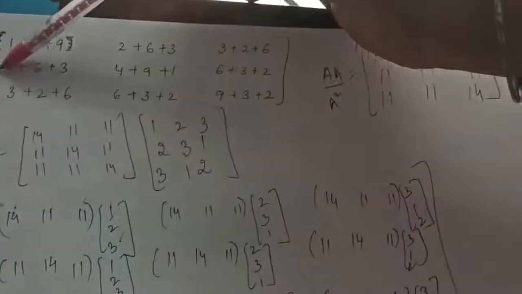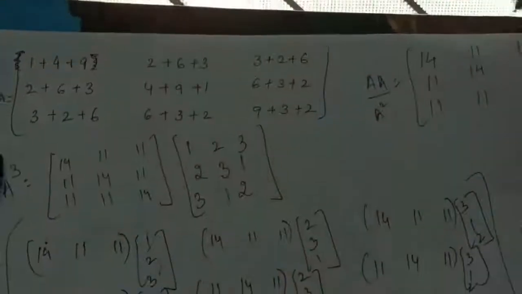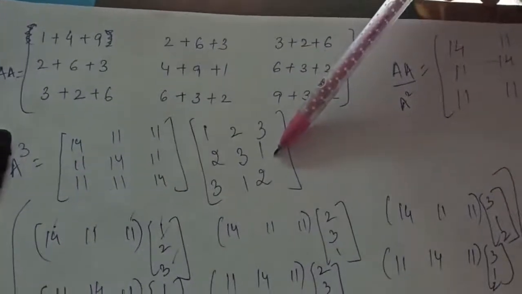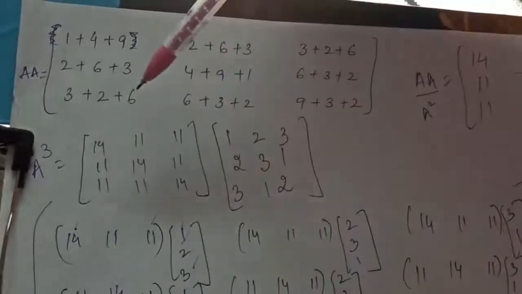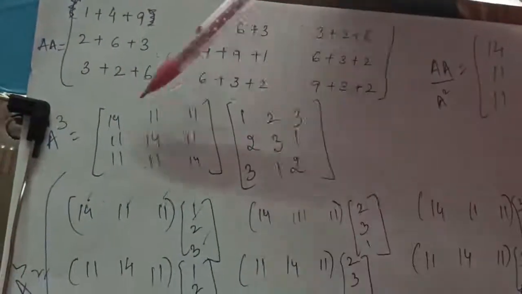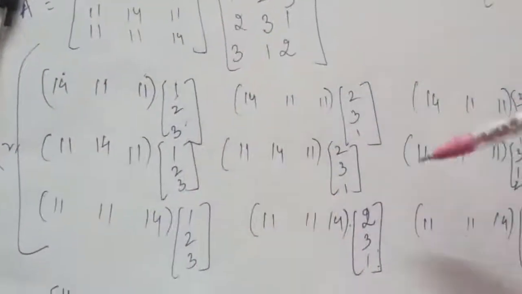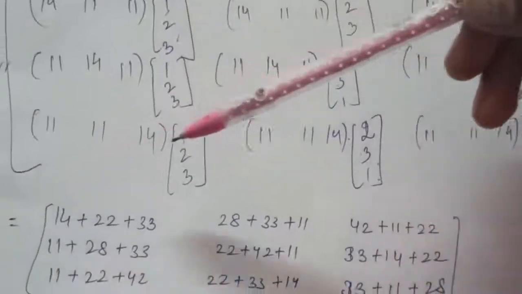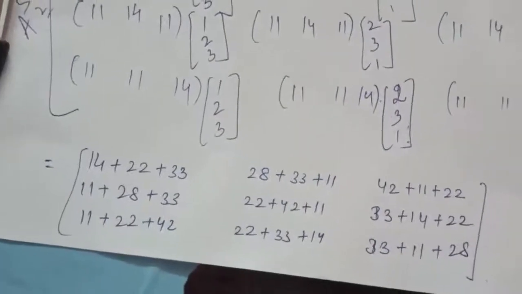Now from A square we have to move on to A cube. How will we do that? The answer of A square will be again multiplied by your A which was given in the question. So again we will follow the same procedure of multiplication. First row, first column, first row, second column, first row, third column. So this is how the calculation will be done, and finally when you solve it, these will be the final values that we get.